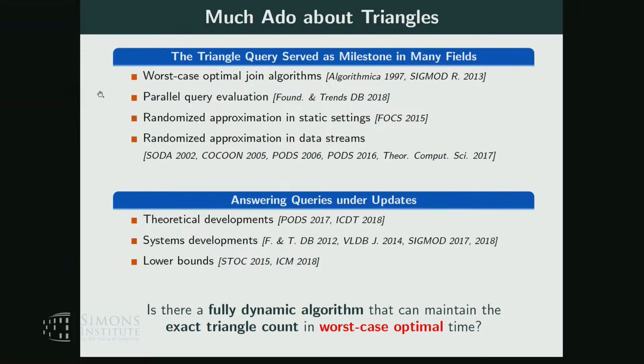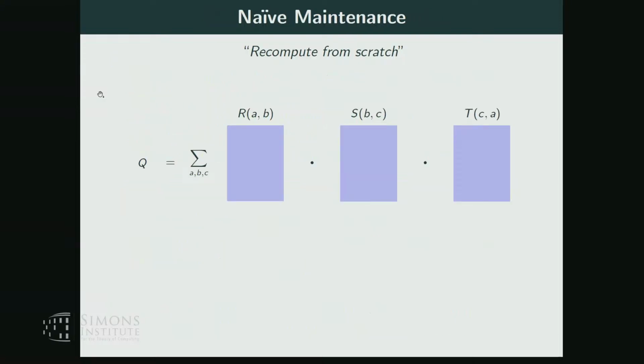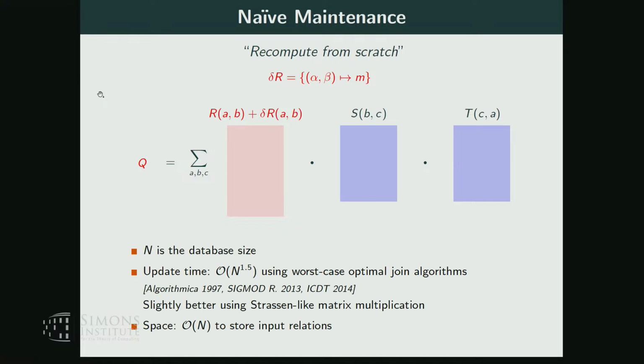So the question remains: is there a fully dynamic algorithm that can maintain the exact triangle count in worst case optimal time? There are several possibilities. The naive one is to recompute from scratch. Imagine we have the relations R, S and T, and we get a delta to R. We just incorporate it in R, and then we are left with the same query again, which we recompute.